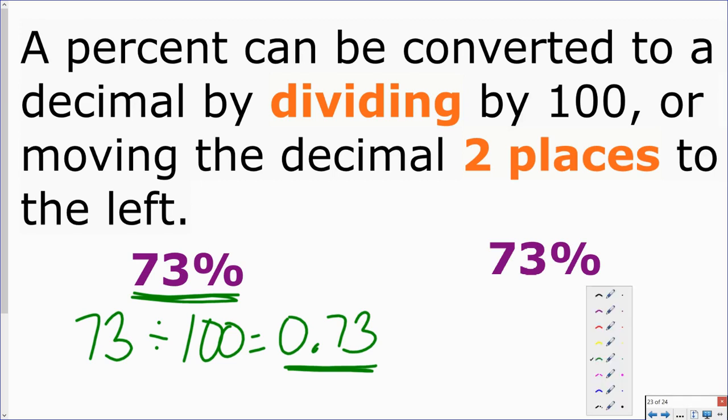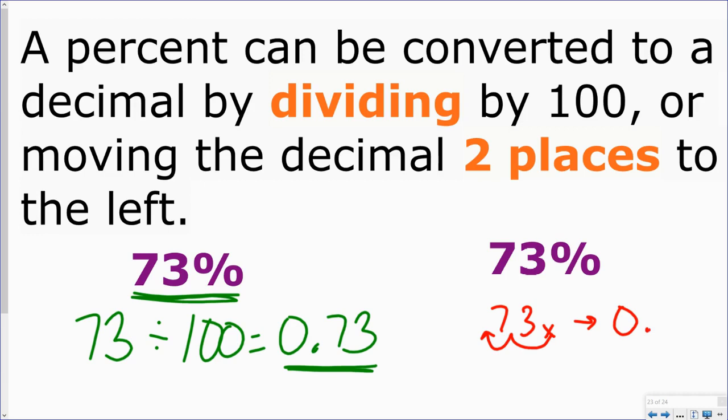Since 73 is a whole number, my decimal point sits right here at the very end. If I move it 2 places to the left, once, twice, now it's going to be sitting right here, and that makes 0.73.